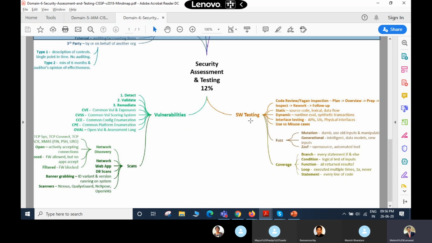Actually, sir, you taught us about the vulnerability assessment process, but can you show us the practical, or some tools like Metasploit, so we can get an idea of how it works? Yes, no problem.